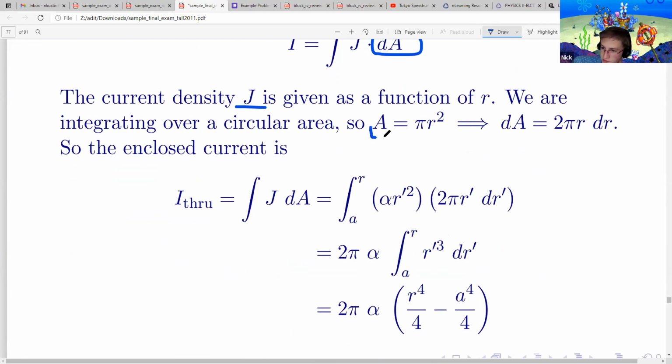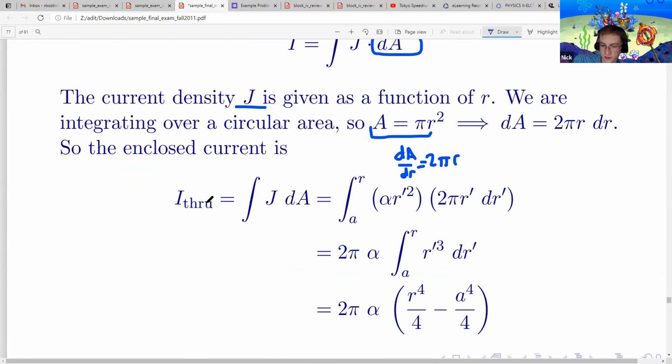So our area is still pi r squared, which means dA is 2 pi r dr. Again, if I just take a derivative of A with respect to r, I'm going to get 2 pi r. So then I move the dr over. Just to say that more clearly, I don't think I said it well the first time.